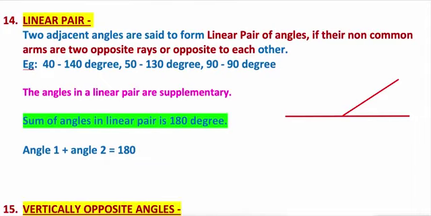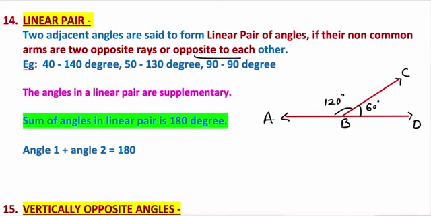Now let's see linear pair. Two adjacent angles are said to form a linear pair if their non-common arms are two opposite rays. Suppose this is angle ABC, this is 120 degrees and this is 60 degrees, angle CBD. So two adjacent angles form a linear pair if their non-common arms are opposite.